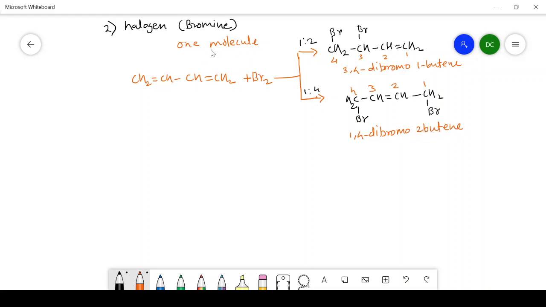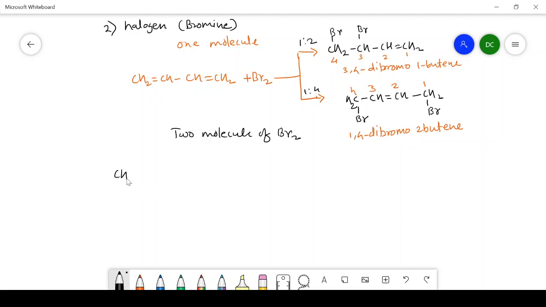In this way, one molecule of Br2 reacts with butadiene to give two products according to 1,2 addition and 1,4 addition. Now, consider a second reaction in which two molecules of bromine, that is two molecules of Br2, react with 1,3-butadiene.